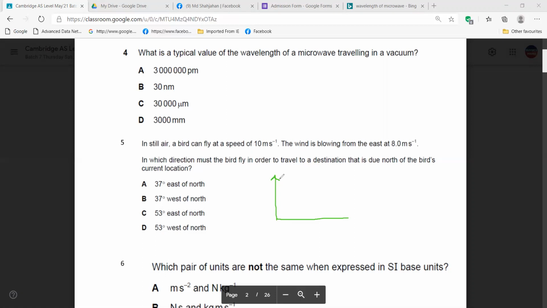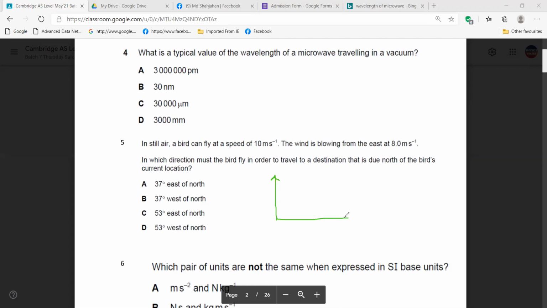Now the bird can fly 10 meter per second. So its resultant should be north, right? This direction. Yes, sir.